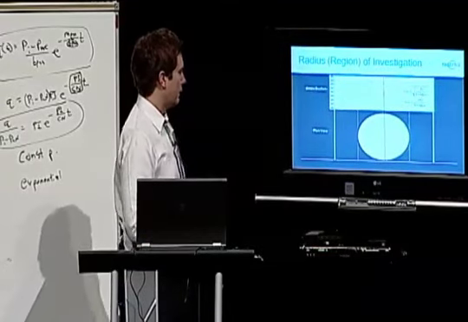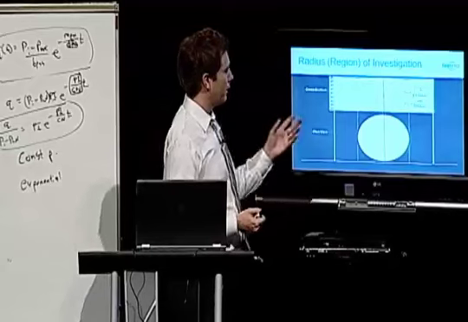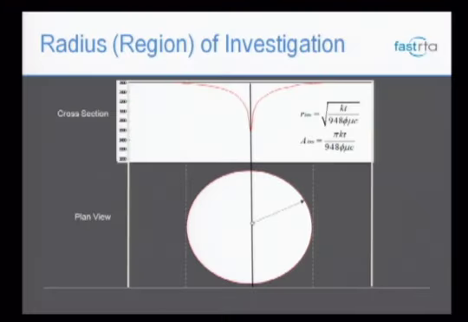Another thing of interest here is the radius of investigation. This one can be critical in transient cases. And the reason being is this one will actually tell us how far we've seen into the reservoir. So we know that in transient production, there's a finite distance that we've observed into the reservoir, and we haven't seen beyond it.